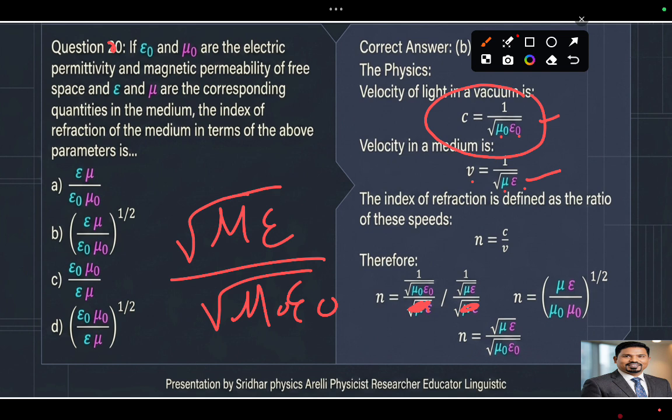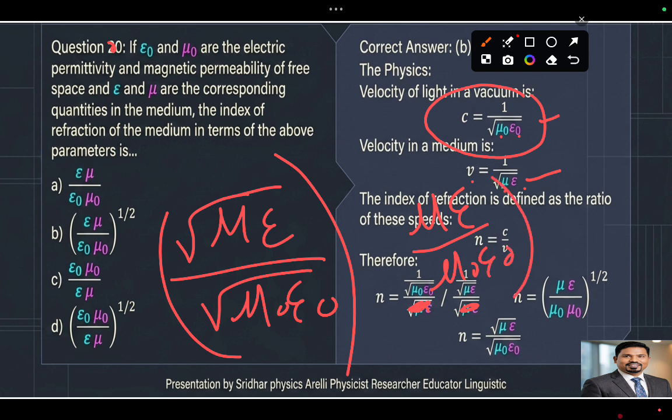Under root means the power of 1 by 2, so it is mu epsilon by mu naught epsilon naught to the power 1 by 2. Do you have this option? Mu epsilon and mu naught epsilon naught, okay, this is right.